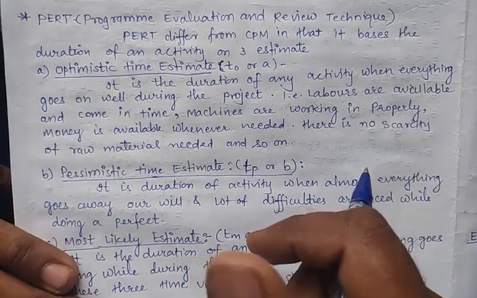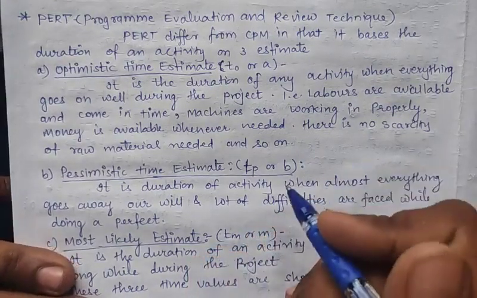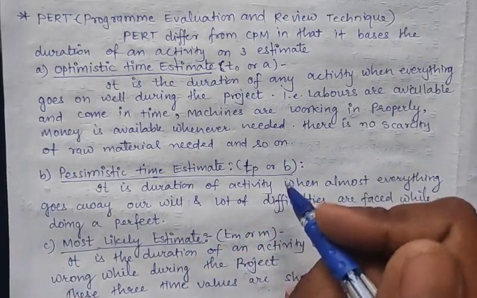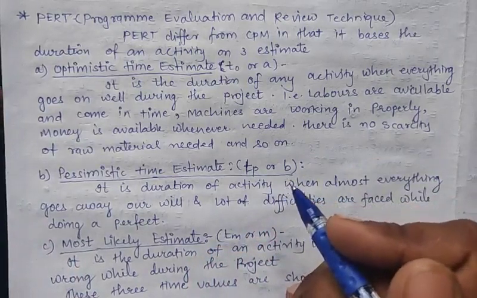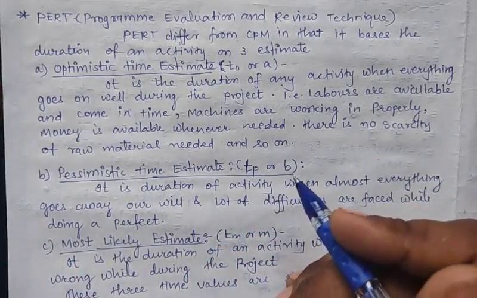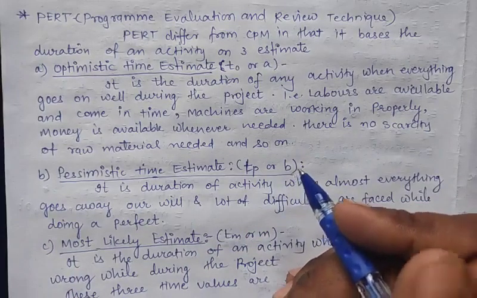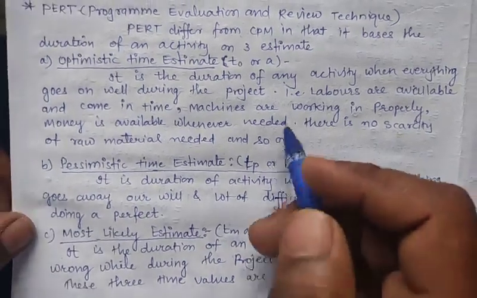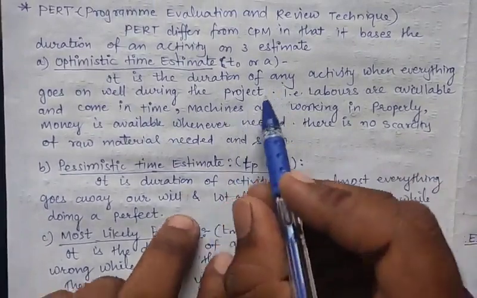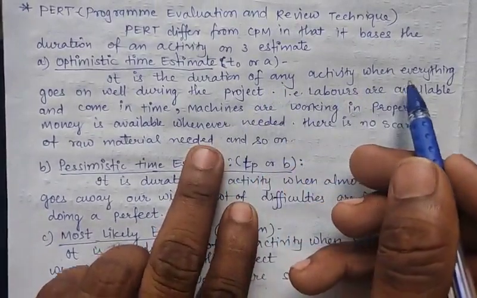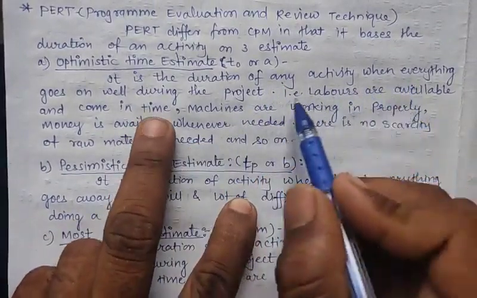Now PERT differs from CPM in that it bases the duration of an activity on 3 estimates. The first estimate is the optimistic time estimate, denoted by T0 or small a. It is the duration of any activity when everything goes well during the project.